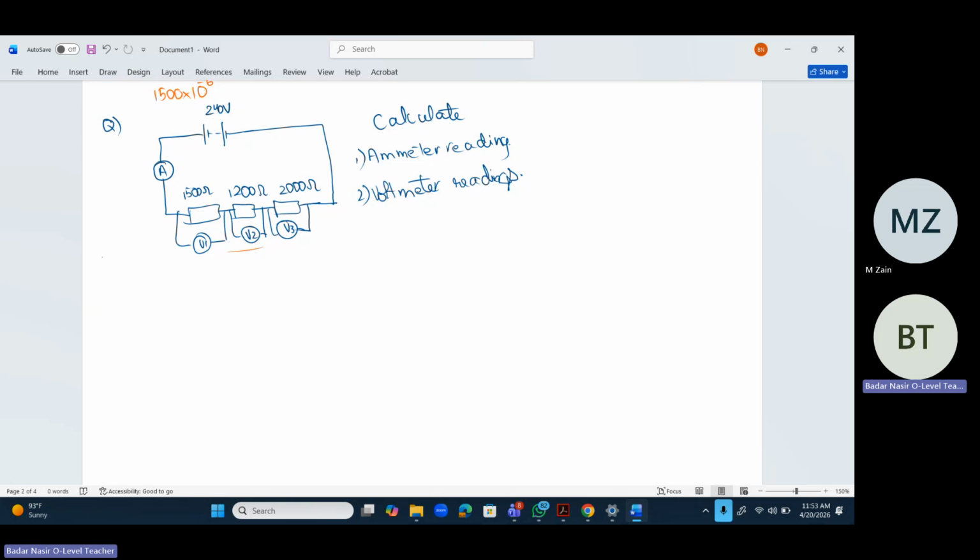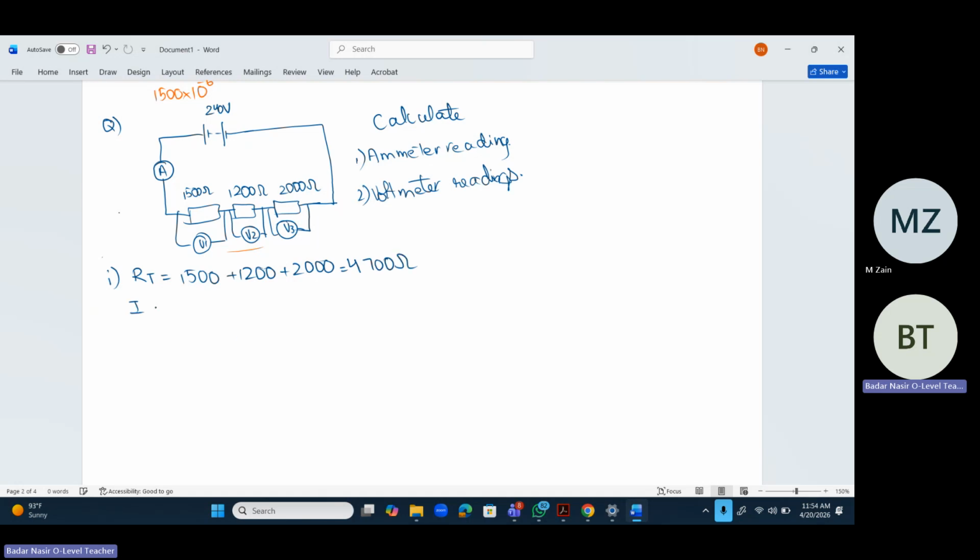So find the value of the total resistance of the circuit. How do we do that? We simply add all the resistances together. So that is going to be 2, 3, 4, 4,700 ohms.